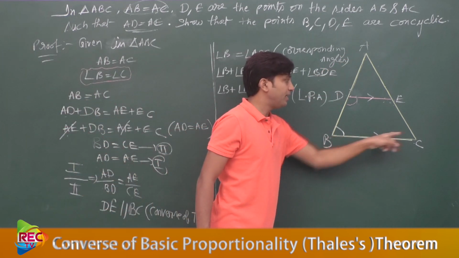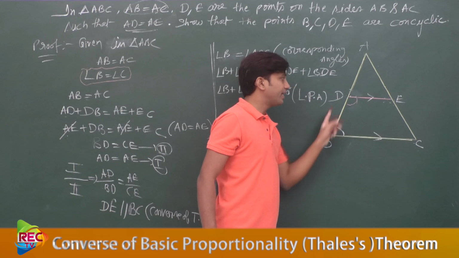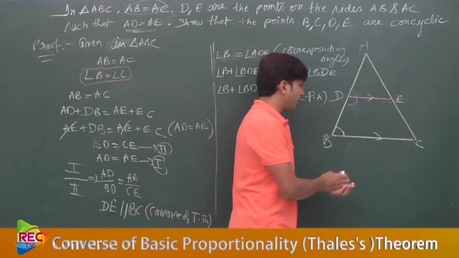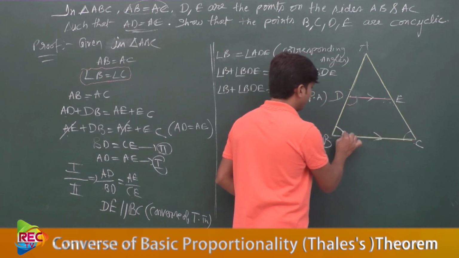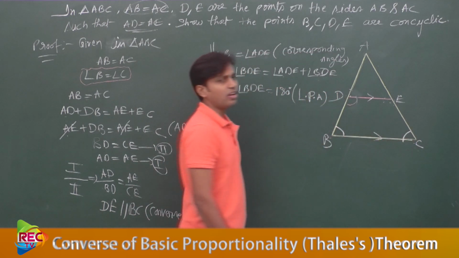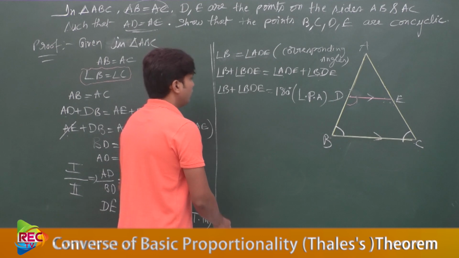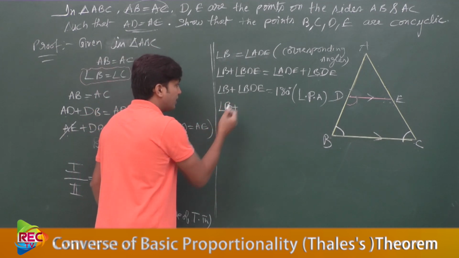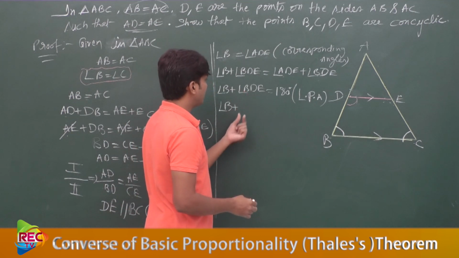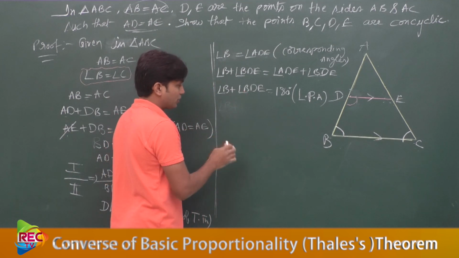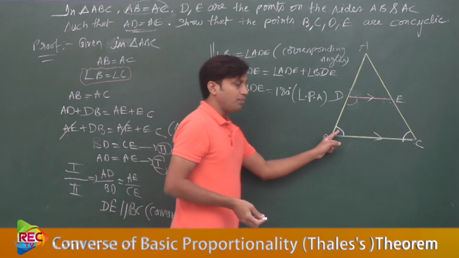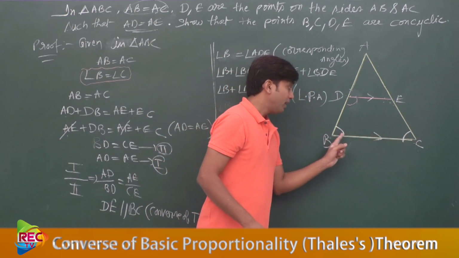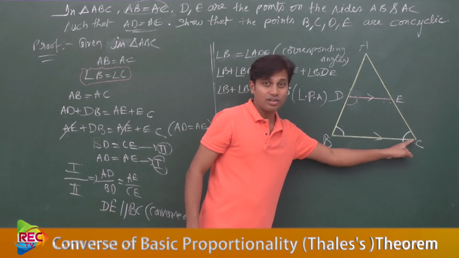We said that in this bigger triangle, AB, this side, is equal to this side, so opposite angles are equal, and we obtained that. Angle B plus angle BDE: here angle B is there, no? This angle B equal to angle C we said before. So angle B can be replaced by angle C or not?